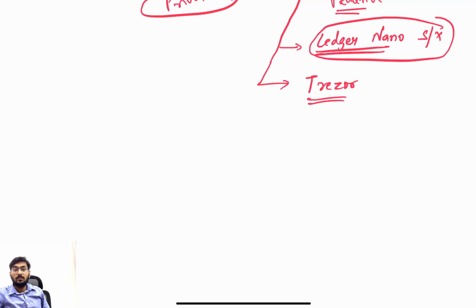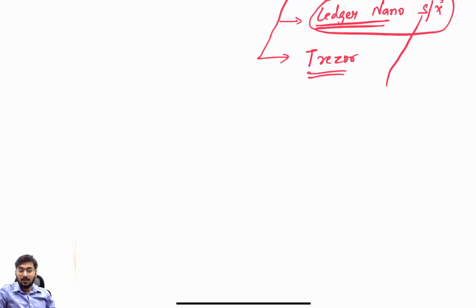Clear? So if you lose the key, you will lose your crypto. Ledger will store all these keys offline, making it hard to get hacked, because now it's in your pen drive, so no hackers can reach it. Only a thief might take your pen drive and run away. That's a different scenario.